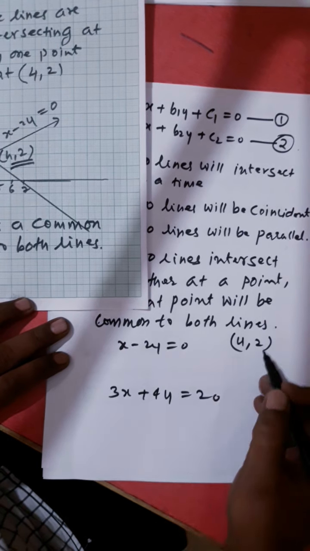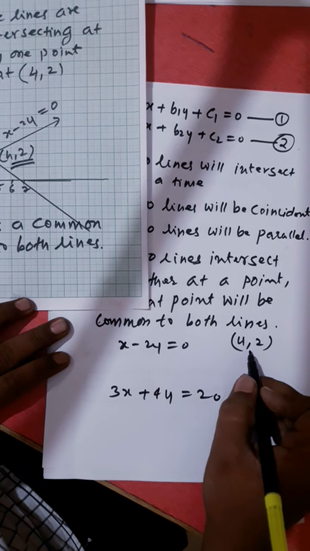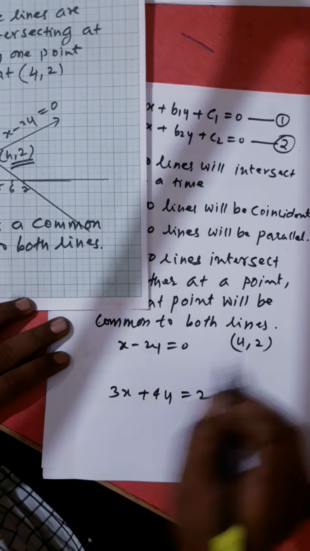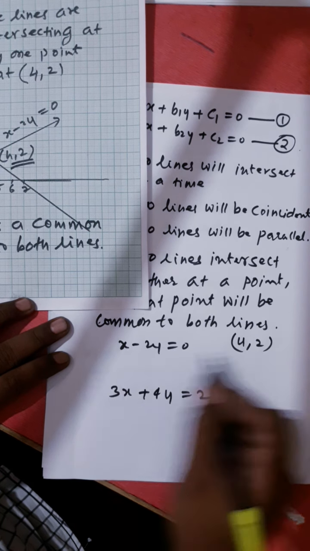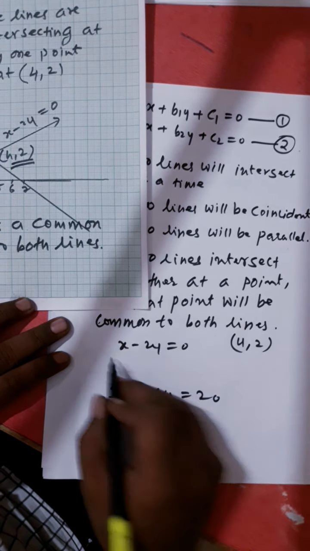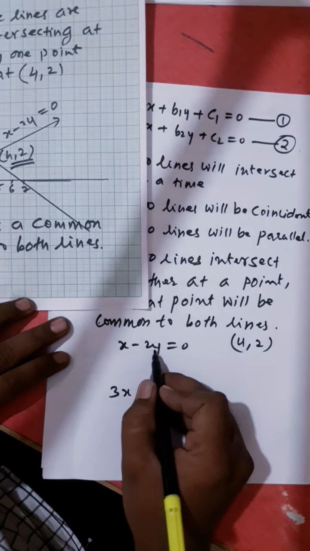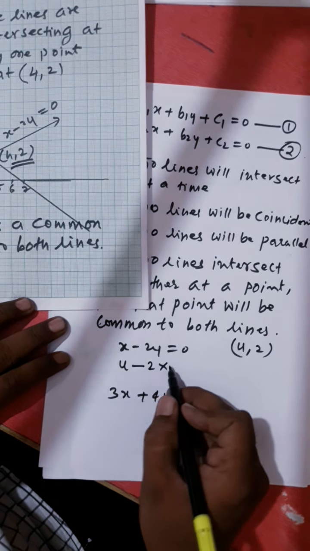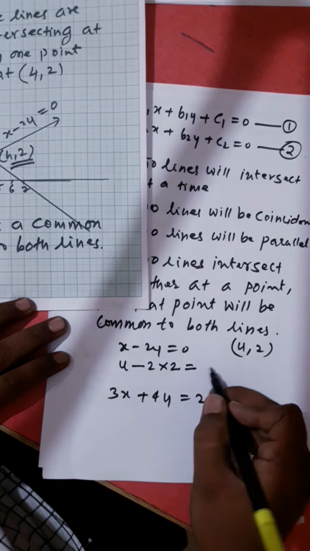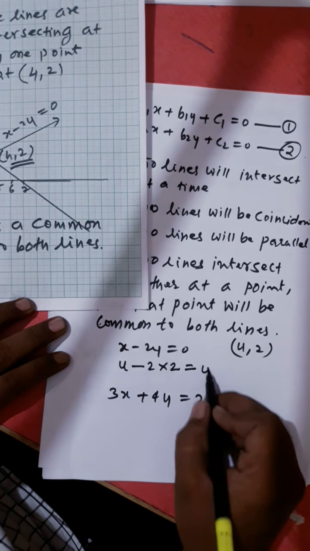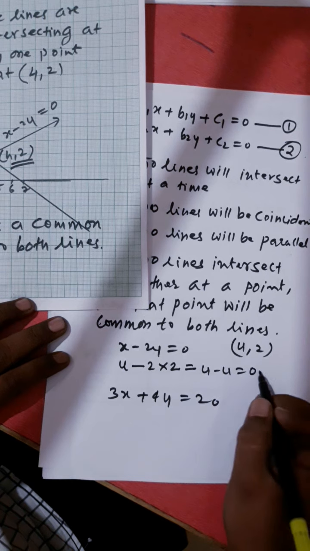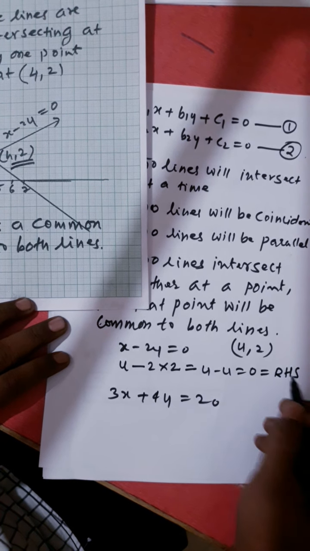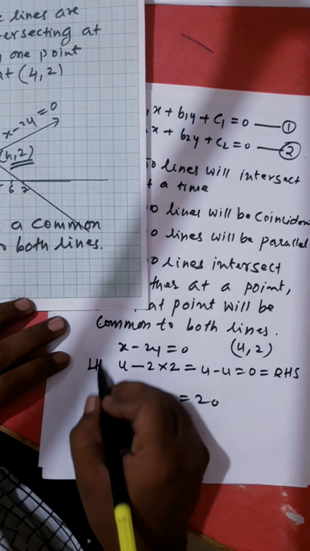Then what we can say is, suppose you put 4 comma 2, 4 in place of x, 2 in place of y. Then this will be 4 minus 2 into 2, which is 4 minus 4, equal to 0, which is equal to RHS. What is LHS?